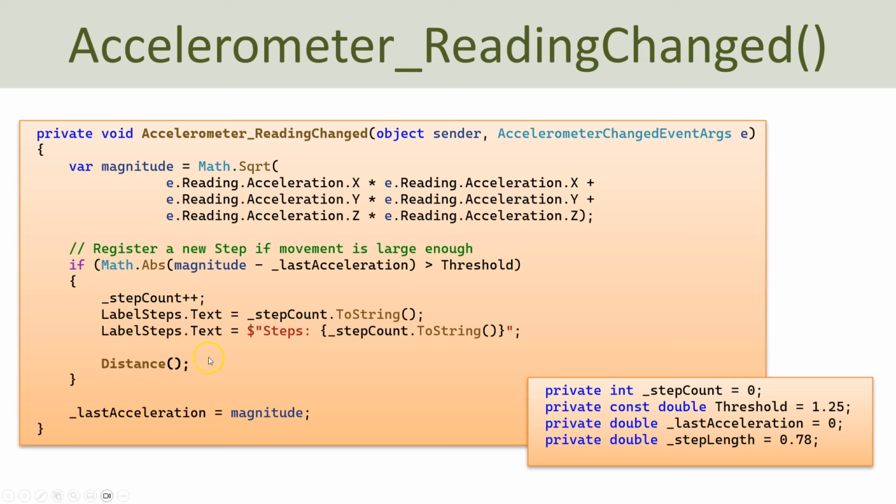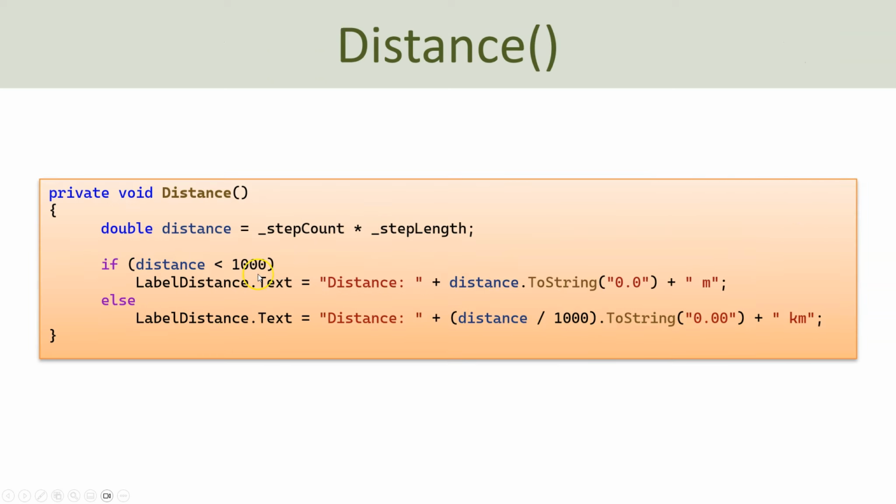In addition, we can also calculate the distance in meters. So, as for the previous sensor, I just create a separate method, in this case called distance, which is using this formula that we are talking about. Distance equals the number of steps multiplied by the step length, like this.